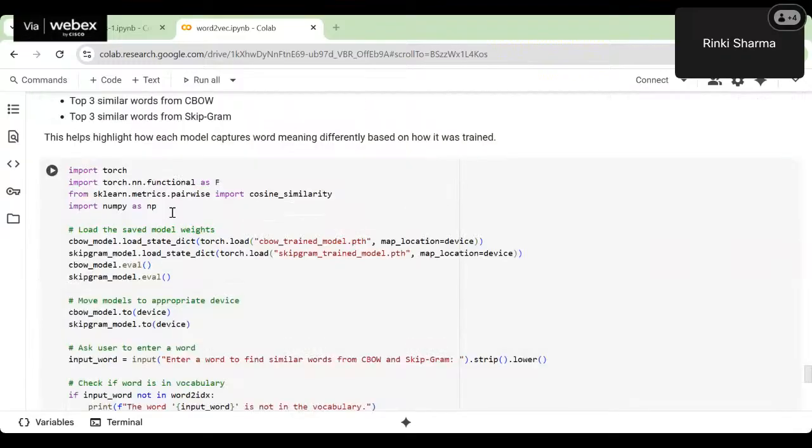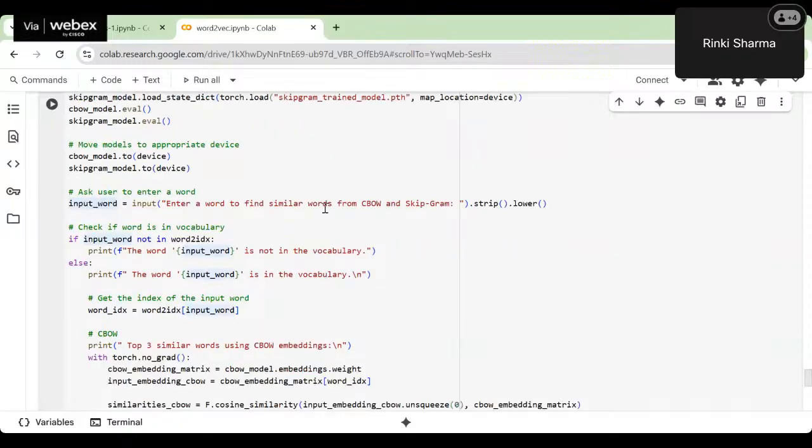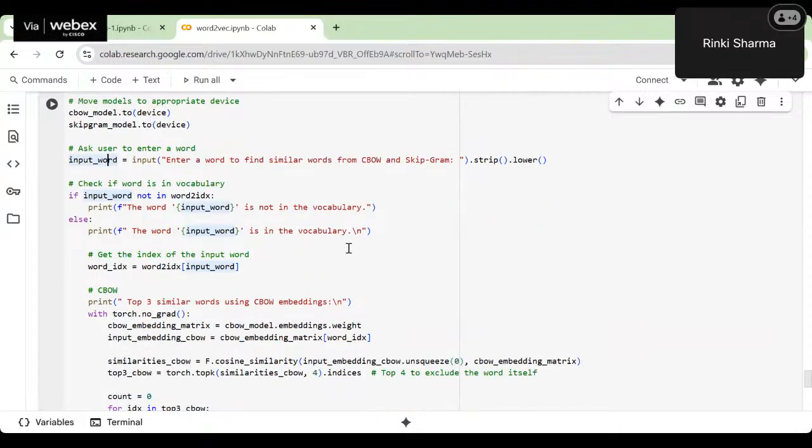What this code will do is ask us to enter a word that is in our vocabulary. If the entered word is in the vocabulary, then it will process it further. If not, the output will say that the word is not in the vocabulary. If the word is in the vocabulary, the code will predict the closest words for the given word.